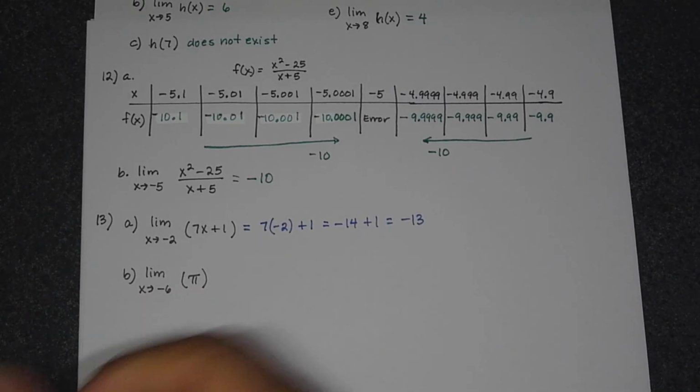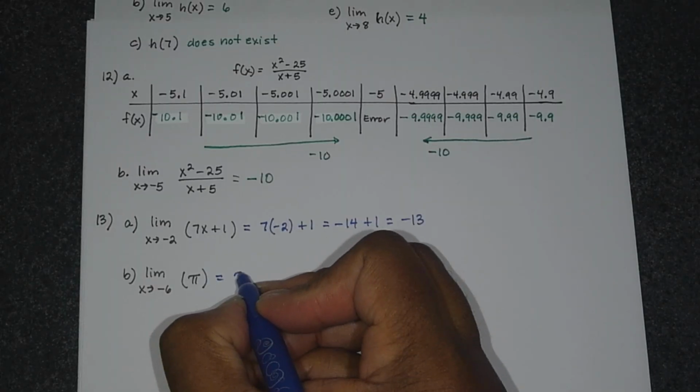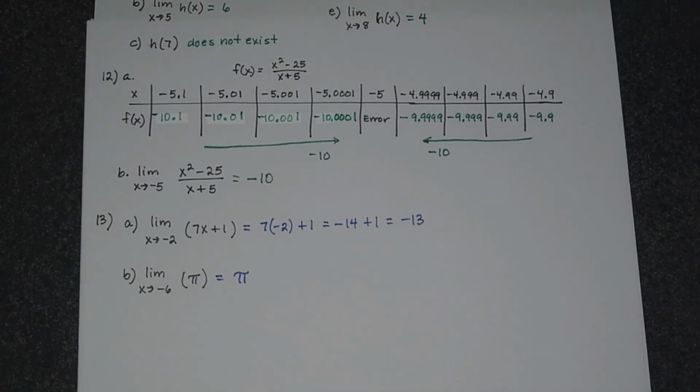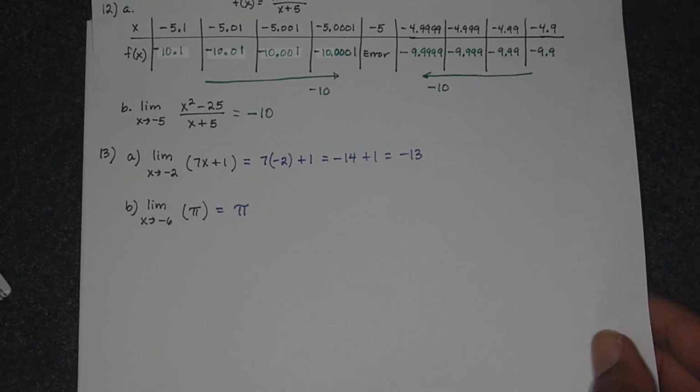In this case, it's going to be pi. Because pi is 3.14 and so on. So the limit of a constant is a constant. All right, part B.